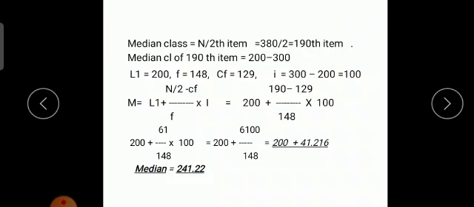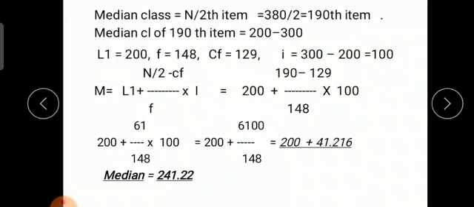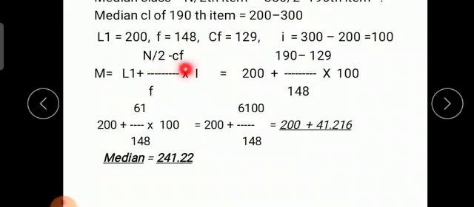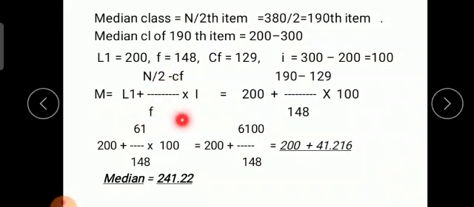Here 380 upon 2 is the 190th item, located through the CF column, and we get the median class as 200 to 300. Then the formula is L1 plus n upon 2 minus CF, divided by F, into I. L1 is the lower limit of the class interval 200 to 300, so the lower limit is 200.